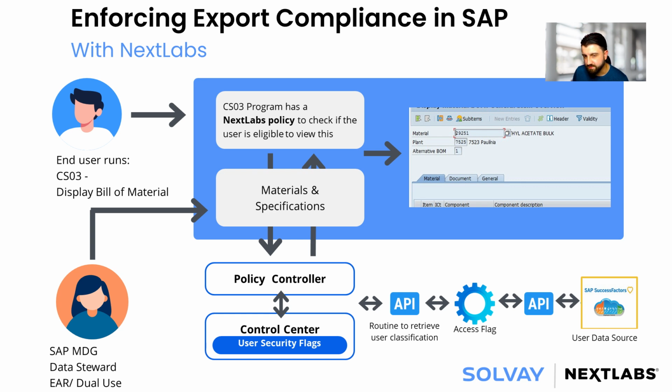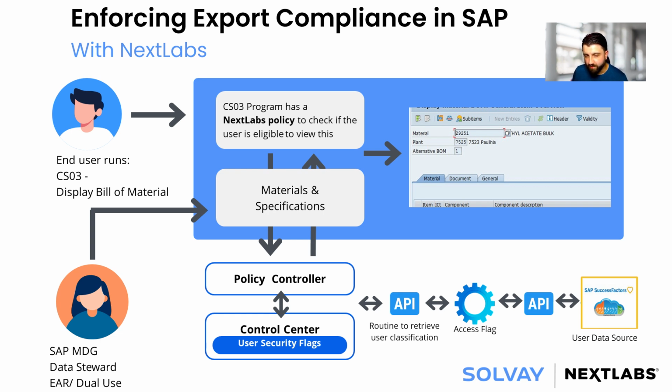So what happens when someone is trying to access the bill of material? NextLabs is going to be called, because remember, I have NextLabs DAE installed in the system. So there is this single database interception that is transparent for everyone, checking the information that is being retrieved by the application from the database.